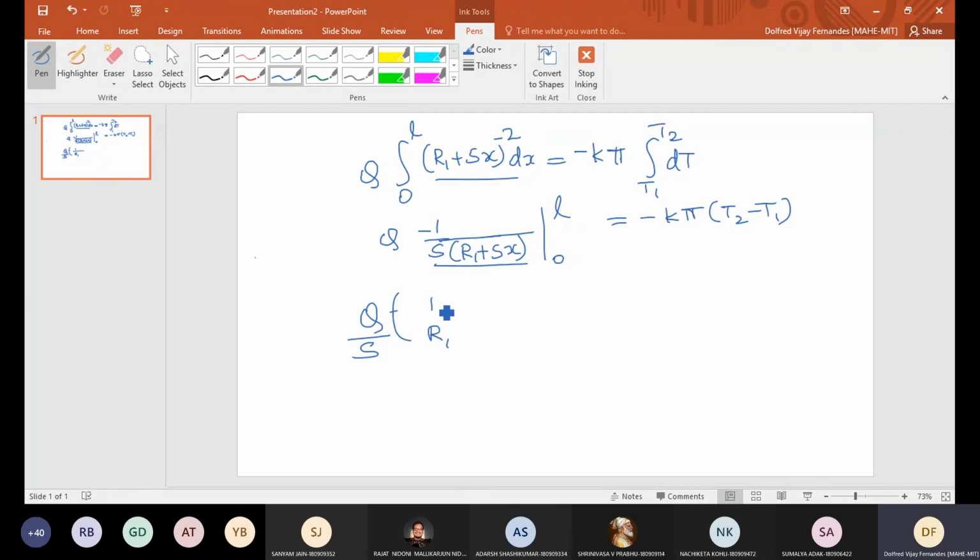When I substitute the lower limit, it is 1 by R1. Then when I substitute the upper limit, it will be 1 by (R1 plus SL).